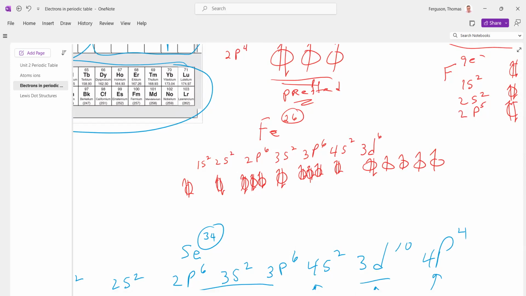Now, if you took this iron and zapped it with some energy, this electron here could go to another orbit that's empty. And that would be called an excited state. Unstable, though. It would want to return back to the original. So you have ground state and excited state.